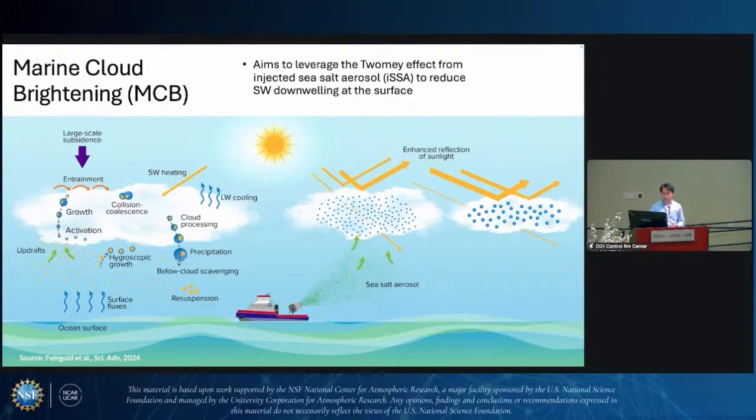It's this idea that if we inject aerosols into the lower marine boundary layer over the oceans, they will interact with the clouds, increasing the number of cloud droplets, and then each of those cloud droplets, since they're smaller, will reflect more incoming sunlight. That will, in turn, reduce the shortwave downwelling at the surface and create cooling. This is then modulated by adjustments in the clouds.